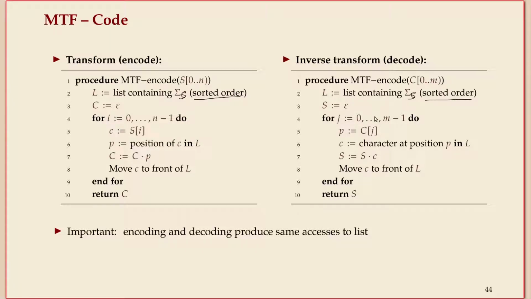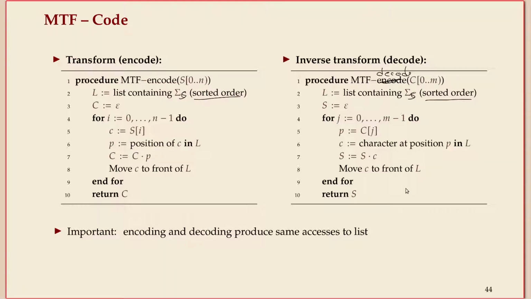We do the same thing in the decoding. Decoding starts building the same list, the alphabet in sorted order. Initially, the decoded text is empty. We walk through all the coded symbols, which are the numbers, and then we find the pth position in the list and return that. And then again, we do the same move to front.